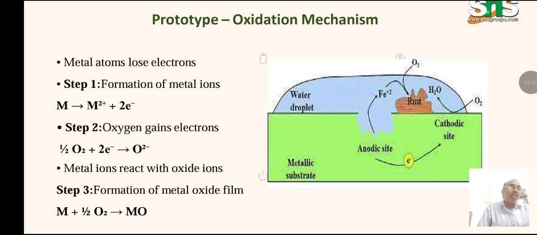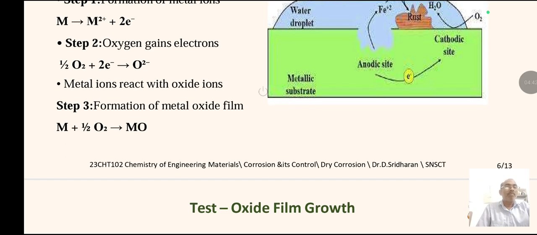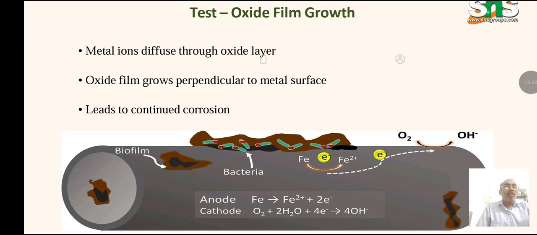That depends on the metals or alloys; it may change the formation of the oxide film. Oxide film growth is observed on the surface. Metal ions diffuse through the oxide layer, and the oxide film grows perpendicular to the metal surface, leading to continued corrosion.